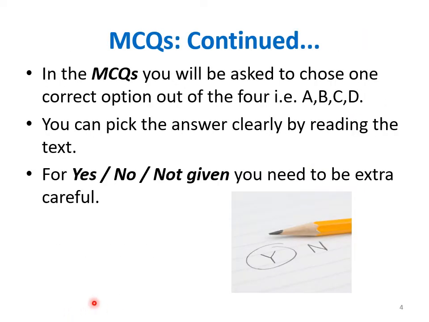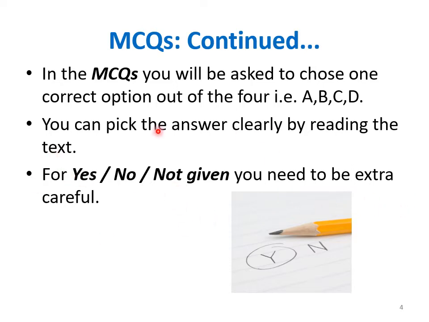In the MCQs, you will be asked to choose one correct option out of the 4, for example, A, B, C, D, sometimes 1, 2, 3, 4. You can pick the answer clearly by reading the text. For yes, no, or not given, you need to be extra careful.